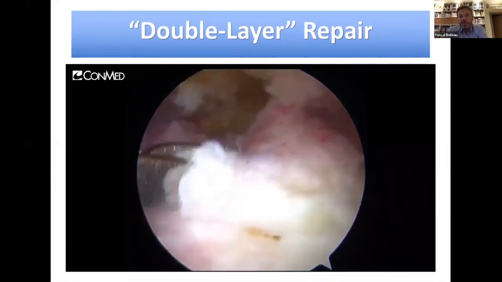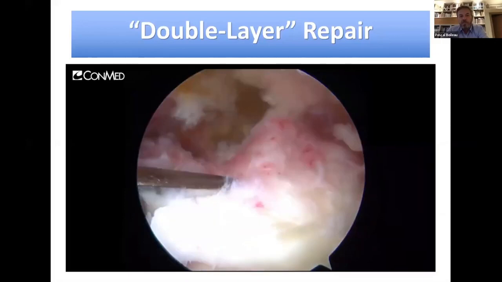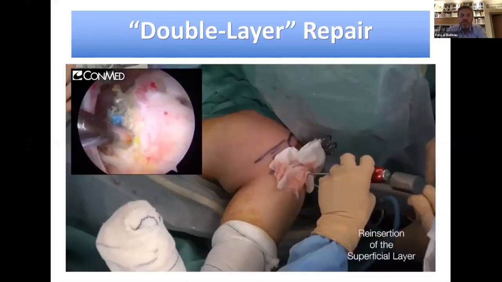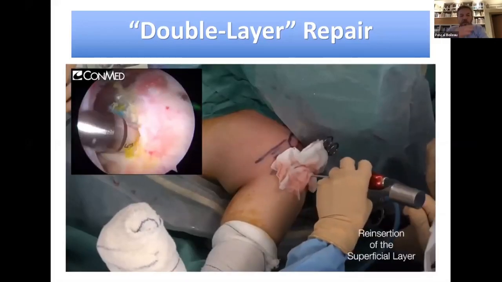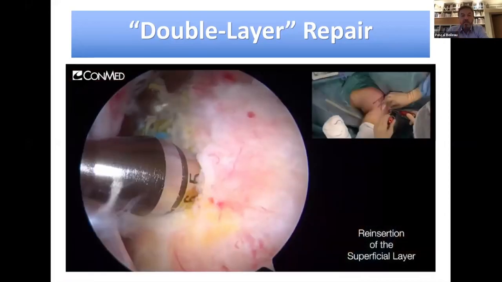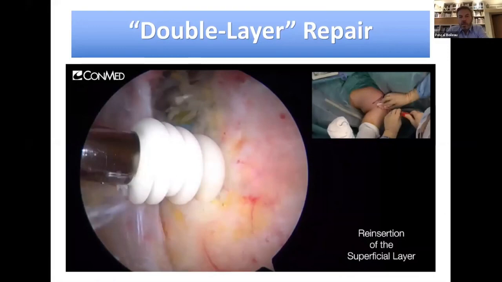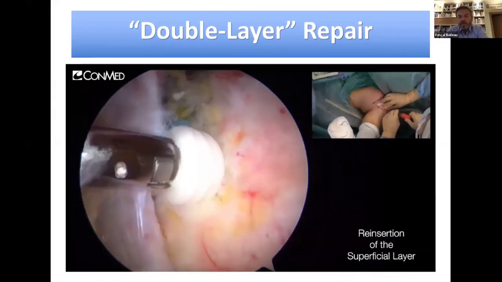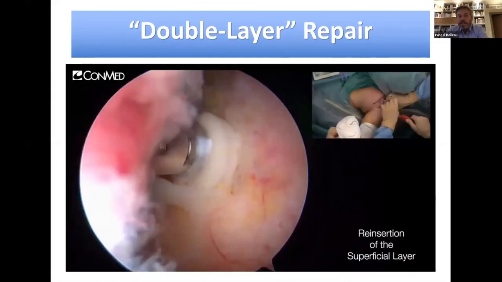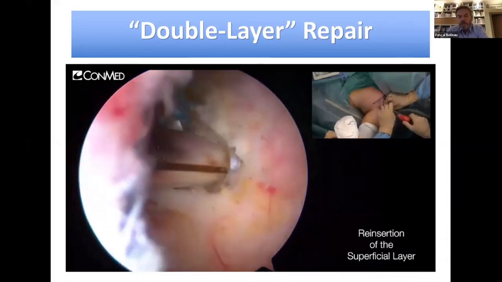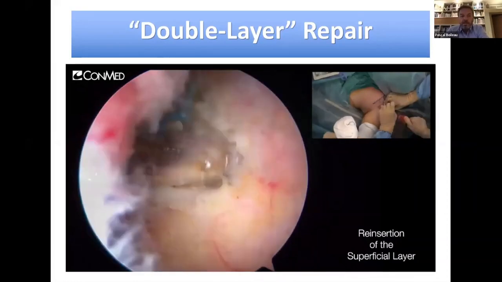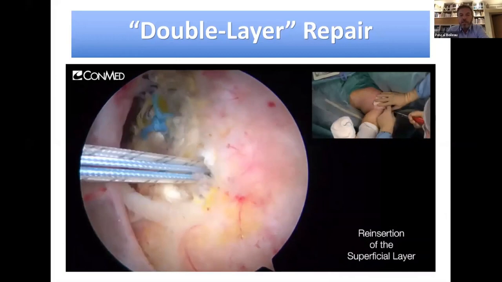So all I have to do now is to put my lateral anchor about 1 centimeter below the footprint, close to the groove, because this is where the hard bone is. And here I use threaded anchors. In these anchors, I have 3 sutures, so I will be able to do 3 tension band sutures.